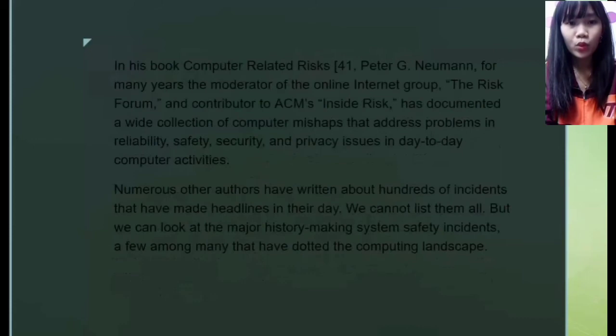In his book Computer-Related Risks, Peter G. Newman, for many years the moderator of the online internet group The Risk Forum and contributor to ACM's Inside Risk, has documented a wide collection of computer mishaps that address problems in reliability, safety, security, and privacy issues in day-to-day computer activities. Numerous other authors have written about hundreds of incidents that have made headlines in their day.